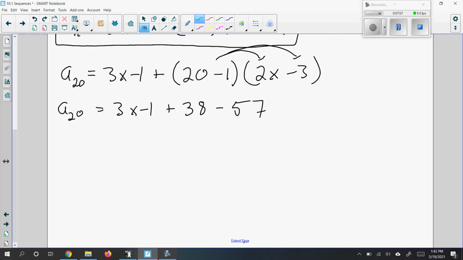And now we'll just combine the like terms. This is 38x. So that is 41x minus 58.